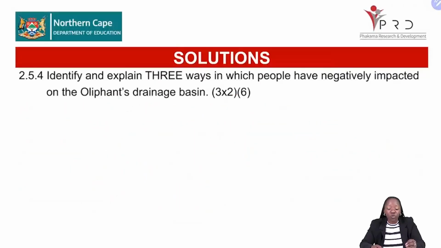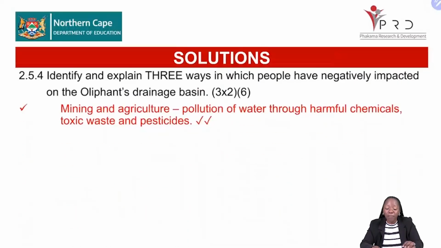Then we're looking at your 2.5.4. You identify and explain the three ways in which people negatively impacted on the Olifants drainage basin. We're looking at the mining as well as the agriculture.